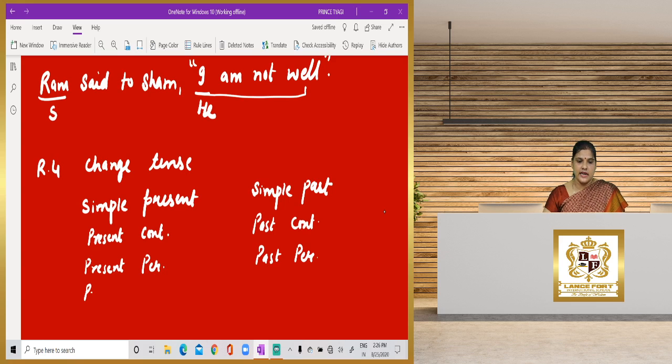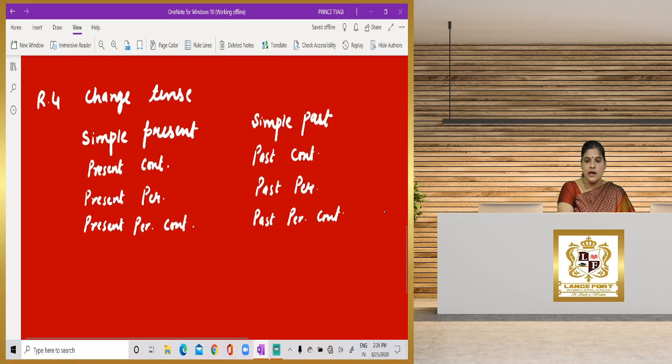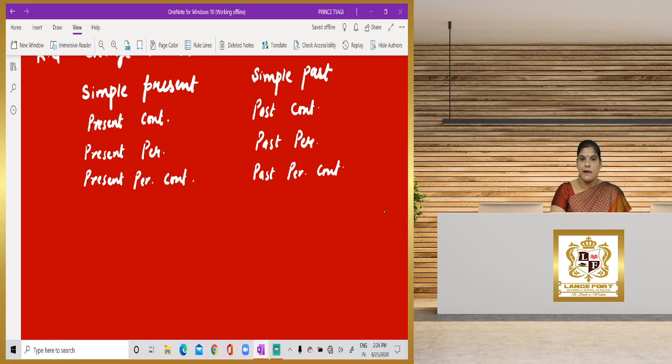Now present perfect continuous changes into past perfect continuous. Okay, and what will happen if your reported speech is already in past? If it is in simple past tense, then it will change into past perfect.